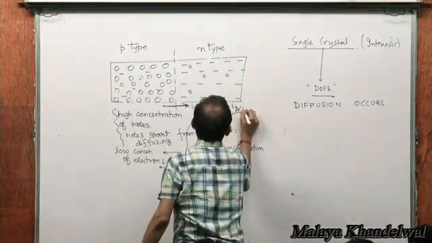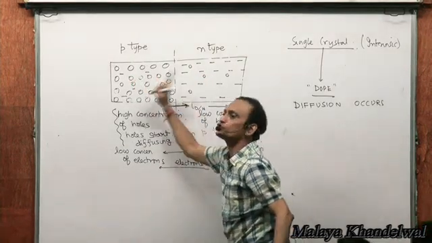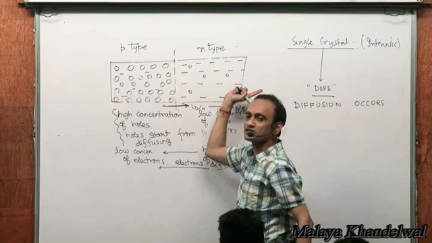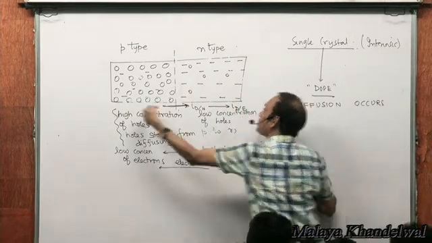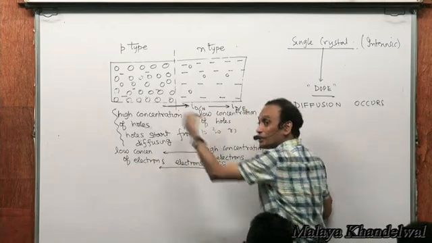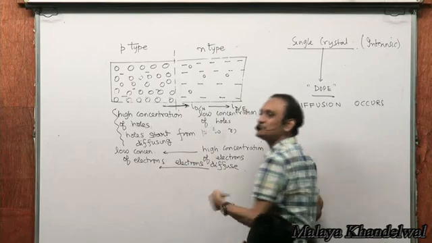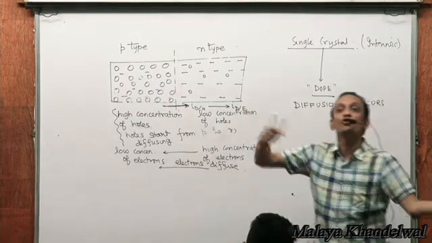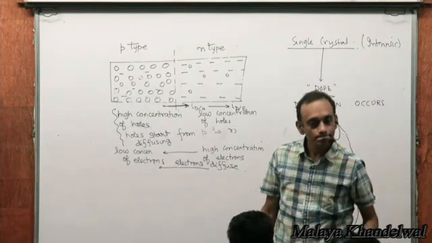The diffusion current for holes and electrons augment each other, they strengthen each other. They're in the same direction from p-type to n-type, yes or no?